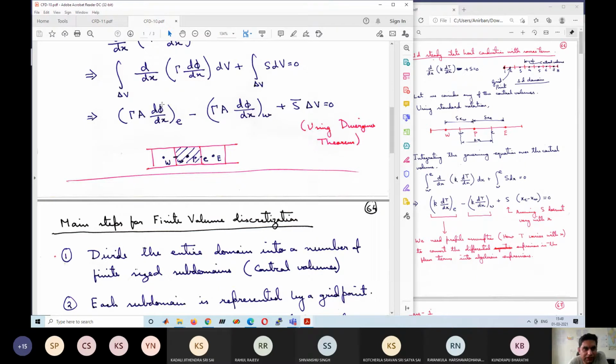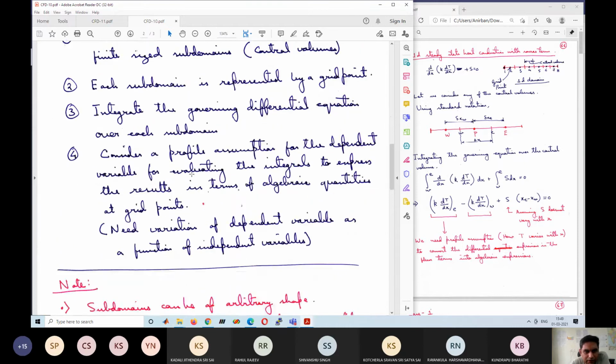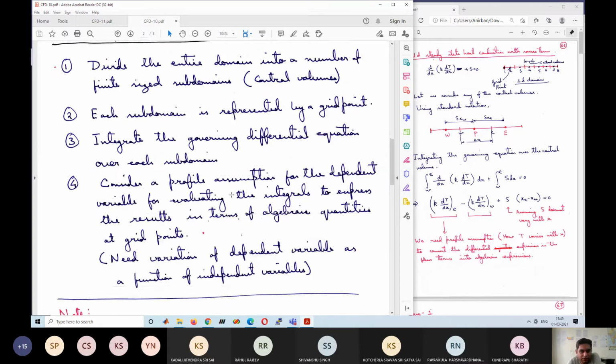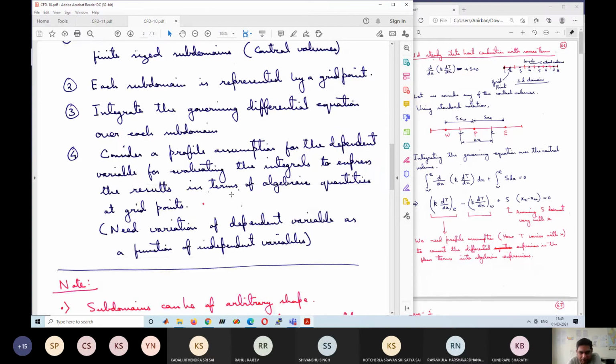So phi at east minus phi at P divided by the distance between east and the P grid point. Once we do this, all the derivatives will be gone and we will have only grid point values. Then we will have an equation in terms of grid point values. Similarly, we will have other equations, which we can solve together to find the grid point values. Our aim is to find the unknown grid point values.